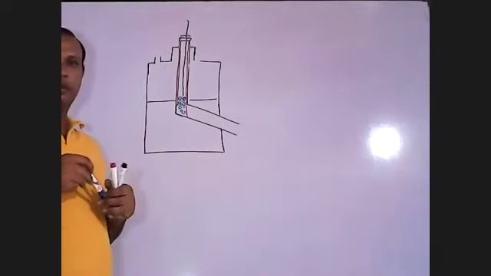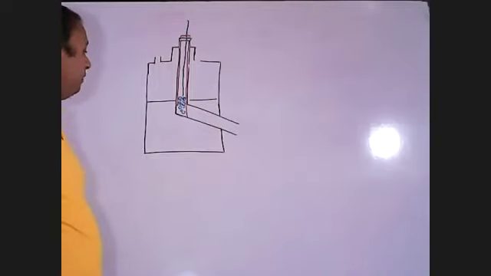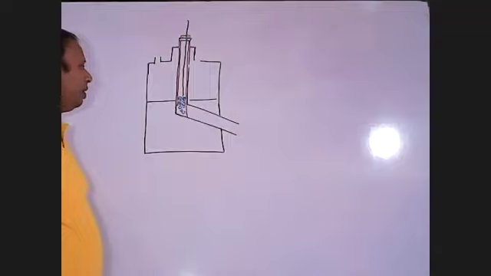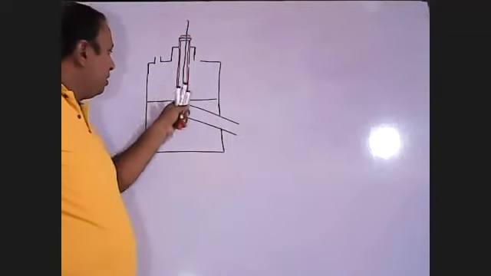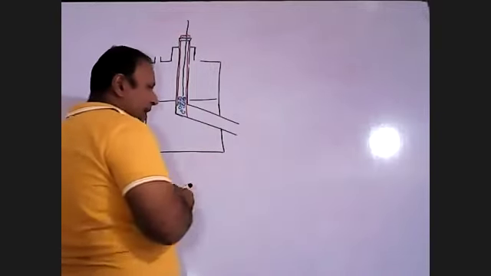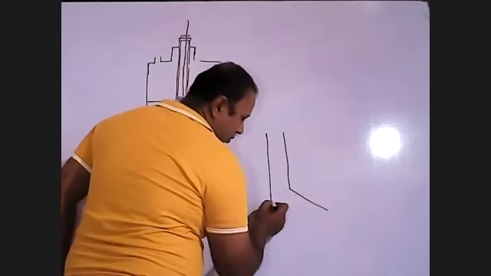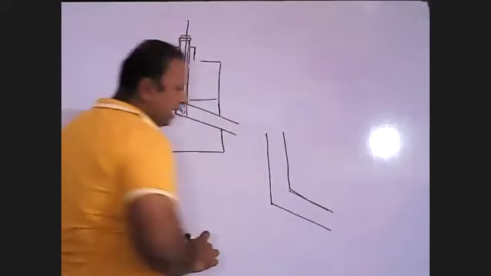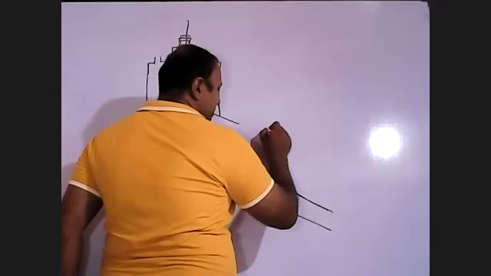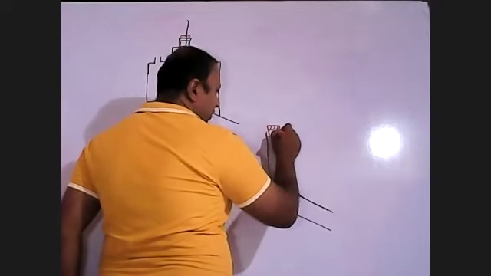Normally we call it a boiling tube. In this boiling tube, there's an arrangement like this. This is a tube. This is a double tube, actually. This is the outer tube. Inside that tube, there's another tube here. This tube can be rotated.